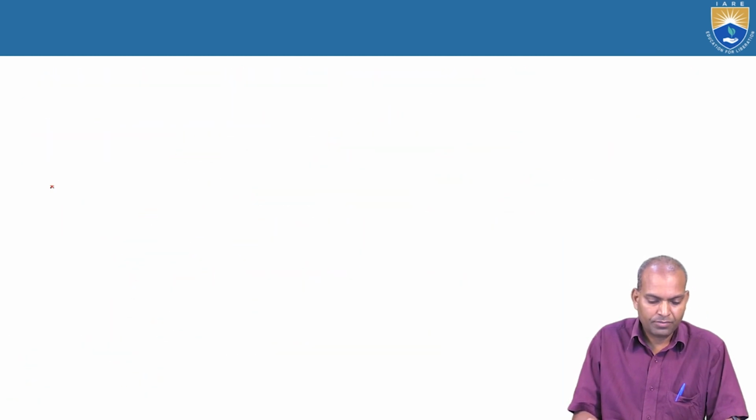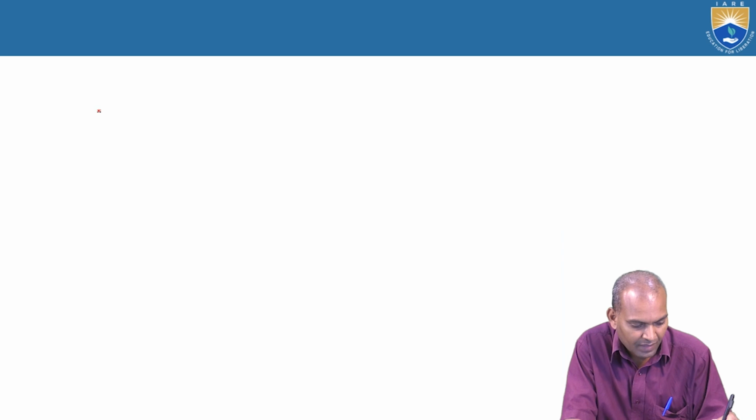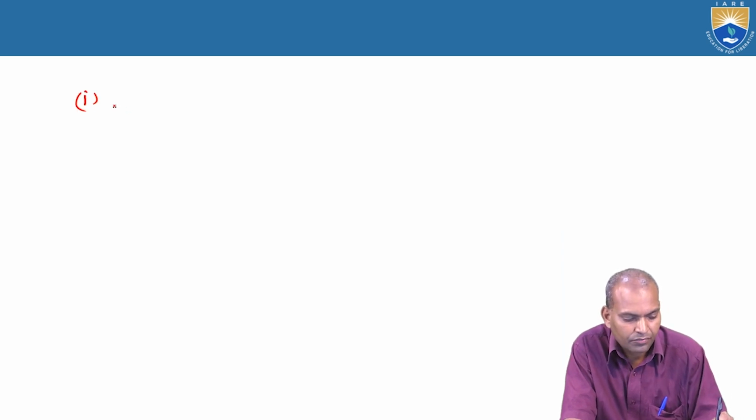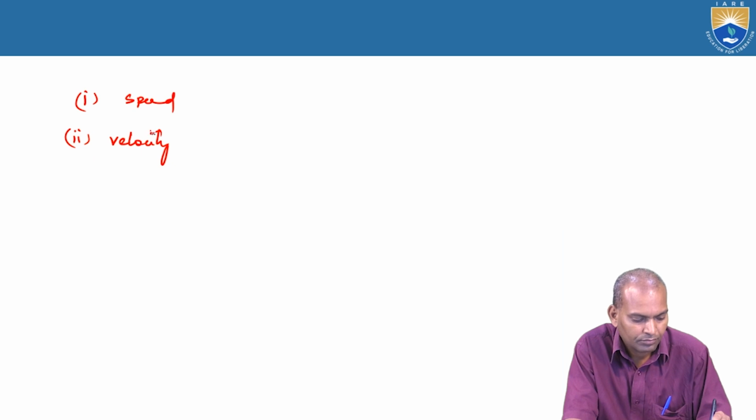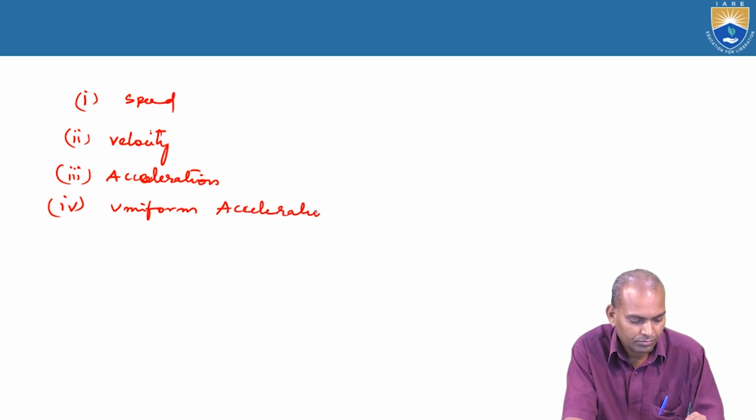Okay, let me summarize. What are the things we have studied? First, we learned the terms: speed, and the second term, velocity, and the third term is acceleration, and the fourth term is uniform acceleration, and the fifth term is variable acceleration.